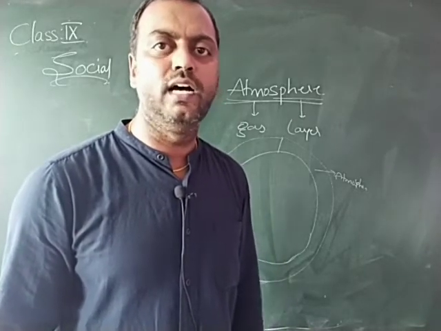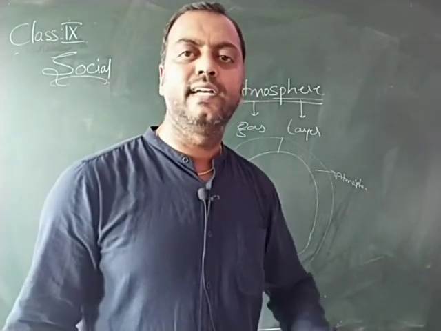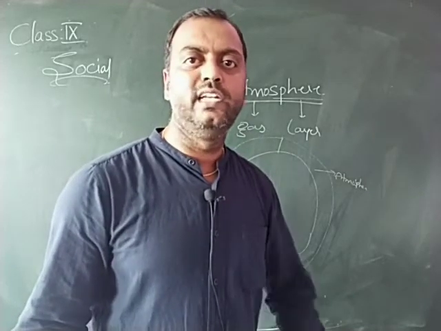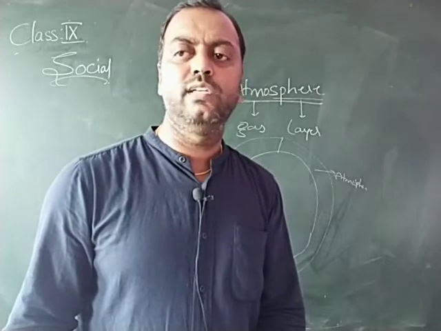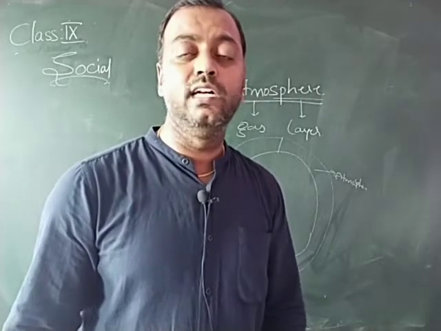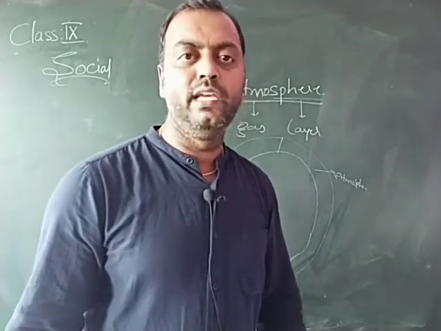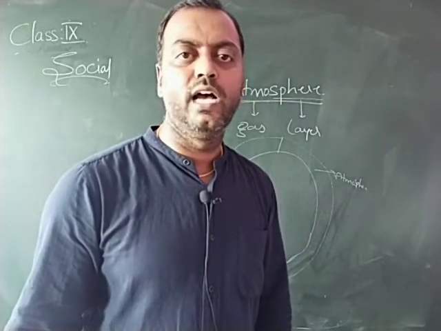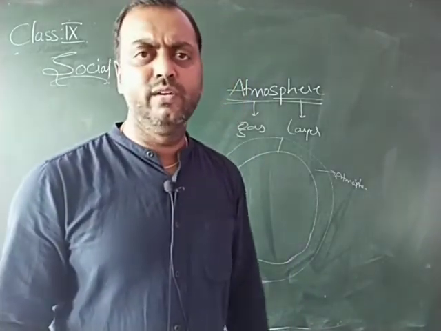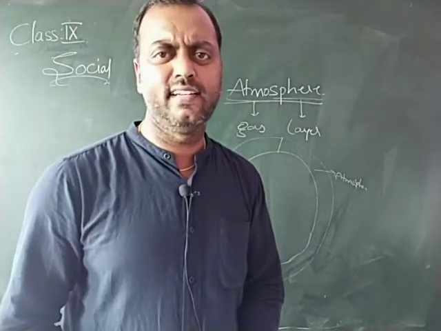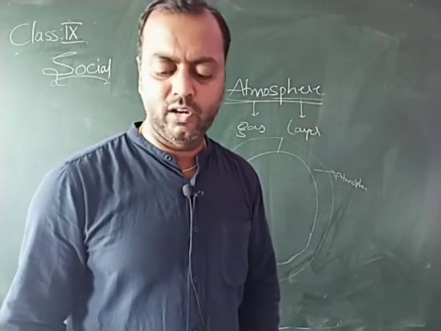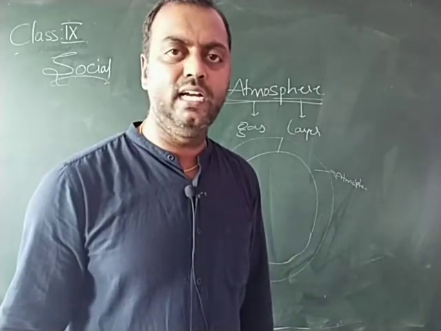They also can change the atmospheric conditions sometimes, and they may be beneficial for life on the earth. And have you ever seen a beautiful orange sun, red sun? These all happen because of the particulates which are present in the atmosphere.